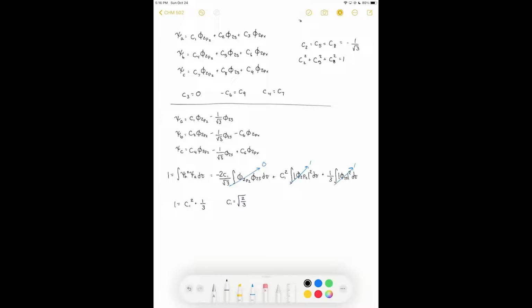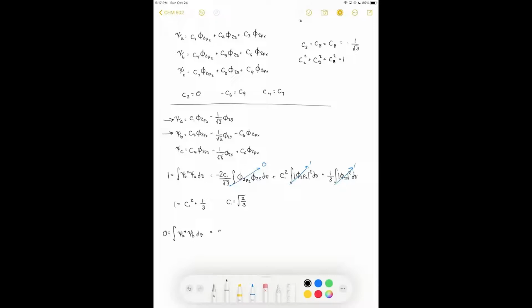Now, the next step is going to be to use this to solve for another one of our variables. So we're going to ensure that these hybrid orbitals are still orthogonal. So we're going to say that the integral of psi a star times psi b must equal 0 to be orthogonal. If we do this, again, the only terms that are going to appear are the ones where we have the same function multiplied by itself. So we multiply psi a times psi b, and we're only caring about the terms that have the same wave function.